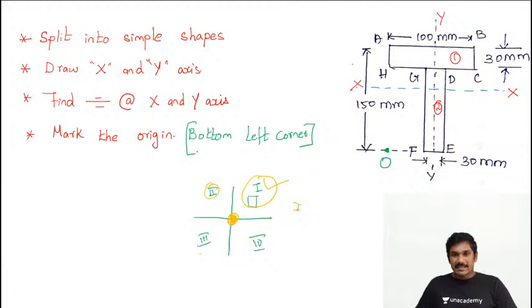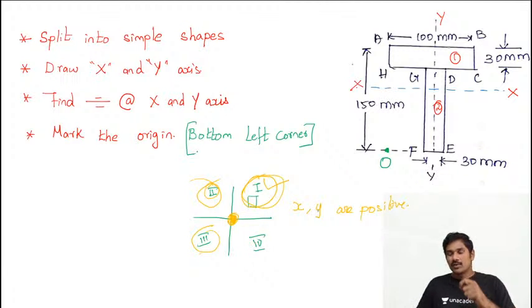Why? The x values and y values are positive. Then only will you draw it in the first quadrant. If x is negative, you should go for the second quadrant. If both x and y are negative, you will go for the third quadrant. If I draw in the first quadrant, while calculating I don't need to use the negative sign to represent the position. Silly mistakes can happen if we use those negative signs while calculating.